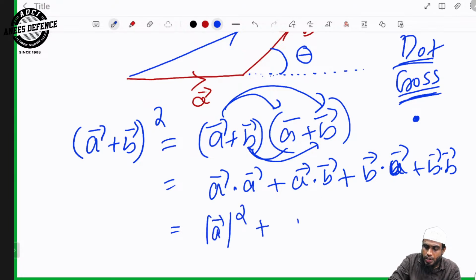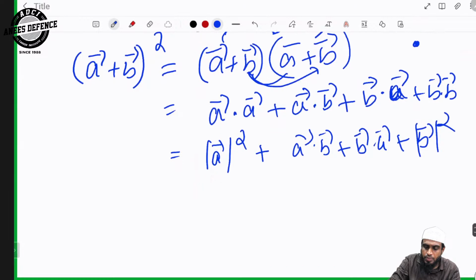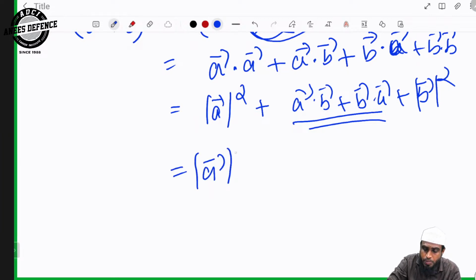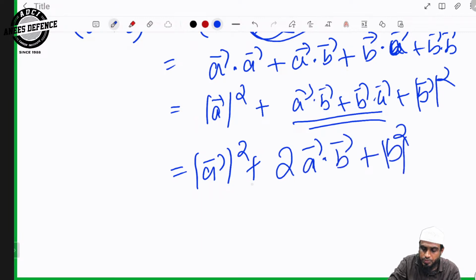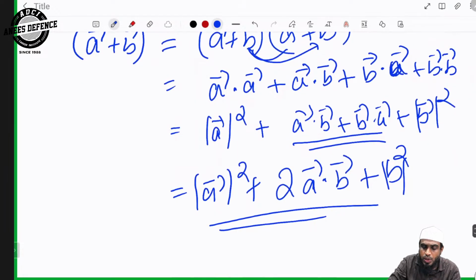A dot B and B dot A, A dot B plus B dot A, plus mod B square. A dot B and B dot A both are the same. Therefore, mod A square plus 2 A dot B plus mod B square. So this is the expansion of A plus B the whole square.